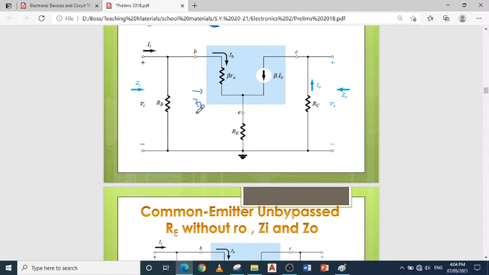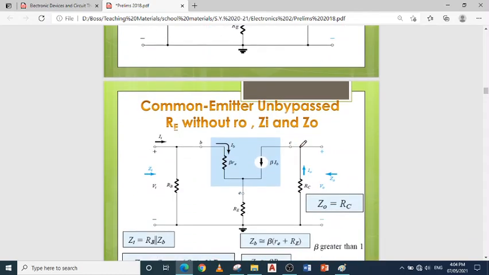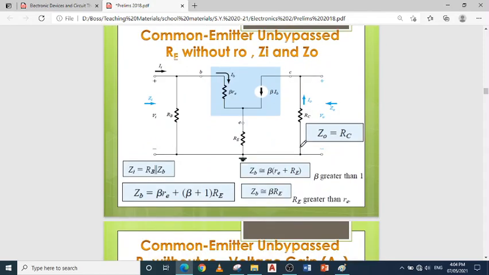VO also is positive, negative. ZO is still looking at this side. And now, this is its ZI. So, our ZB is beta RE plus beta plus 1 RE.